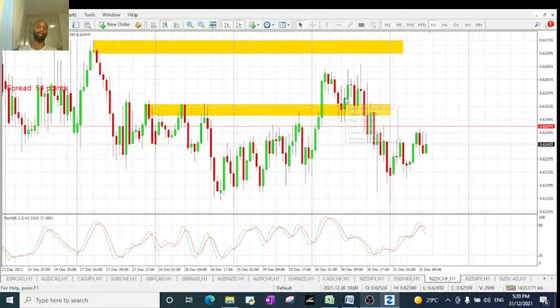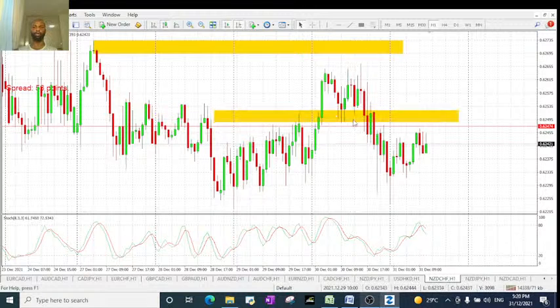Price pulled back, had this candle. I called out this trade. That was all right.